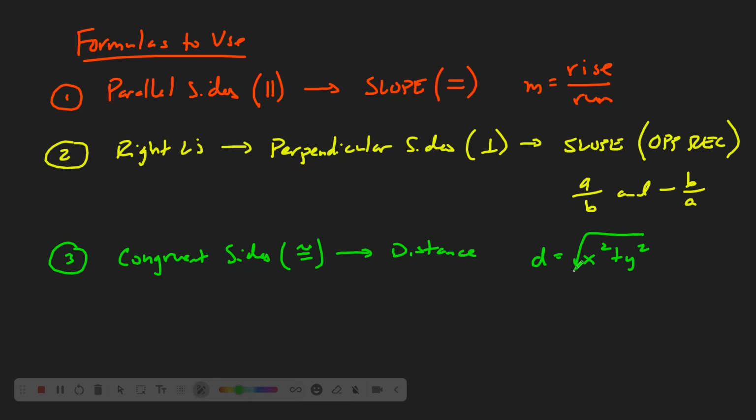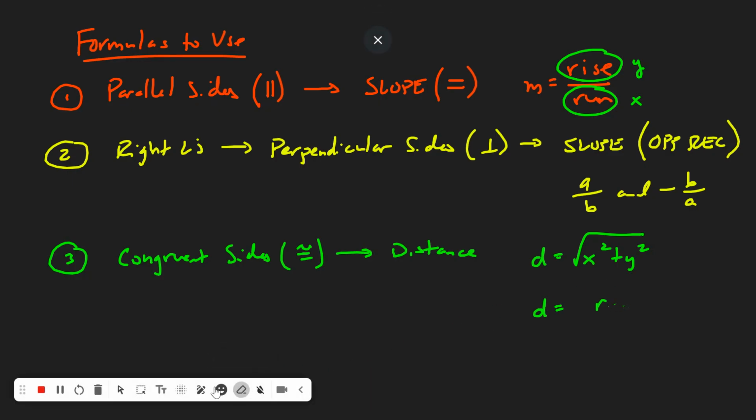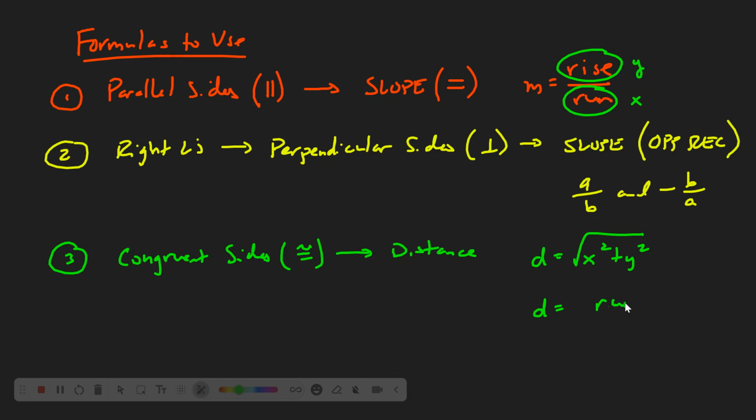However, to make life even simpler for you, when we are doing this, we can use our rise and our run as our x and y. Remember that the rise is the y direction and the run is the x direction. So we can find the distance by taking the run and squaring it, plus the rise and square it, all under a square root.